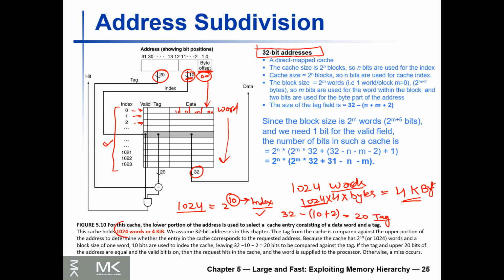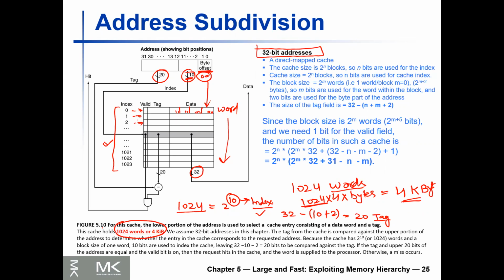This is mentioned here, this many words, or 4 kilobytes of memory. Yani, this cache can hold 4 kilobytes of data. Is this clear, girls, now? Yes. Okay, so 4 KB of data, we will be having a 4 KB cache.